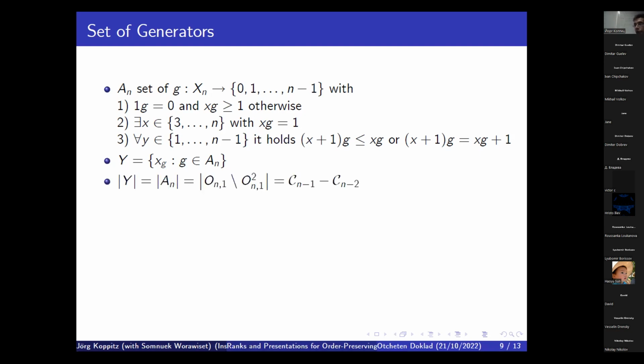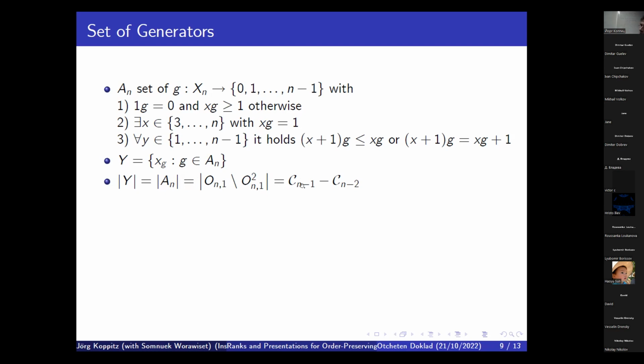So, and we can calculate this. This set Y has the same cardinality as the set An. Moreover, we could prove that the cardinality of this set An is exactly the cardinality of this set of irreducible elements in On. It means we could find a one-to-one mapping between this set and this set.